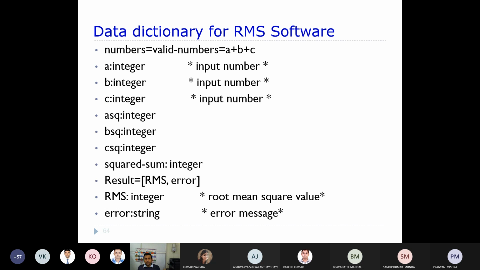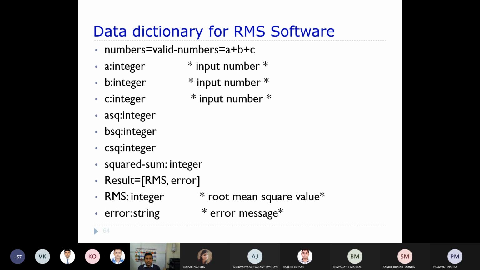Now, for your RMS software, I can create a data dictionary like this. The first one is where you are going to give a number. So maybe the valid number can be A plus B plus C. Any number can be A plus B plus C. Maybe it is a composite number, right?